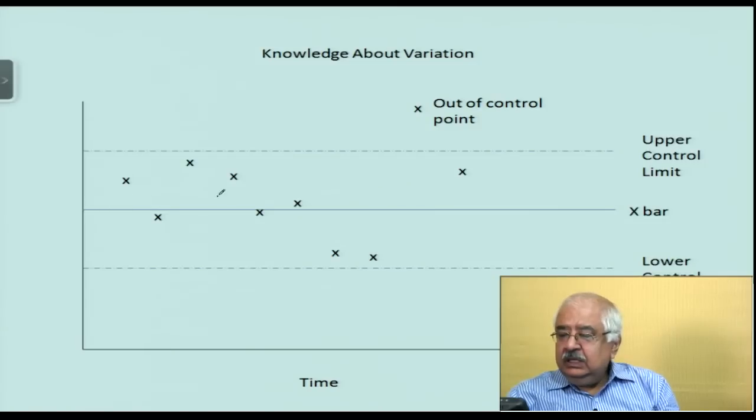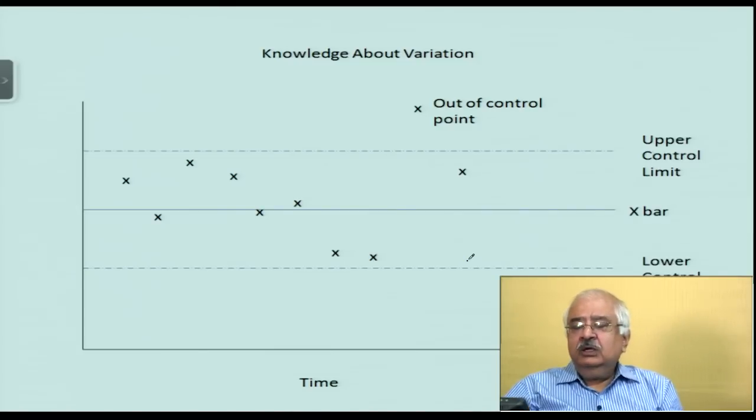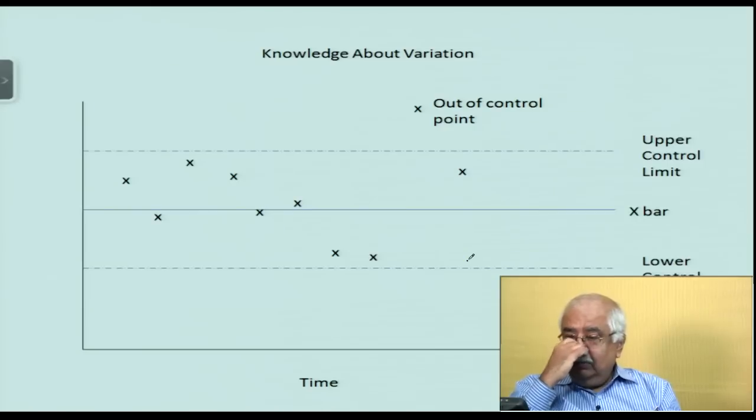One is the average output, and then we have two control limits, an upper control limit and a lower control limit. I'm not going to talk at this point about how these control limits are calculated, but suffice it to say that these control limits are based on the actual observed process capability and the variation in the output that is observed from the process.